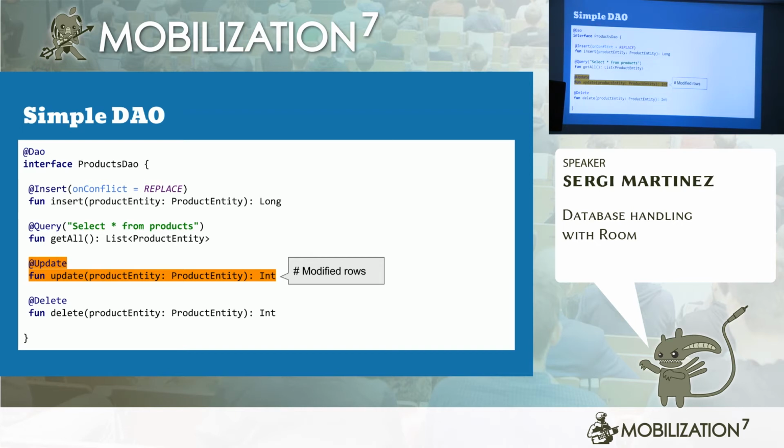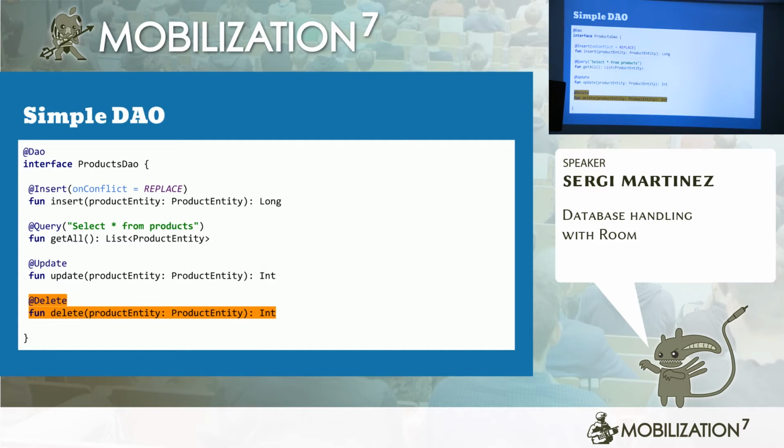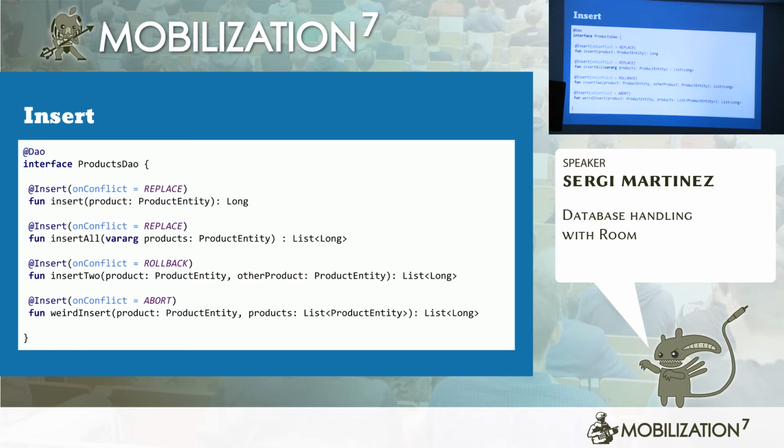We will provide an object, and it will look for the same object in the database with the same primary key and replace this object. And it will return the number of modified rows. And delete, exactly the same. We provide an object, it will delete it, and it will tell us how many rows have been deleted. Okay, these are simple examples. Let's go for more advanced examples.